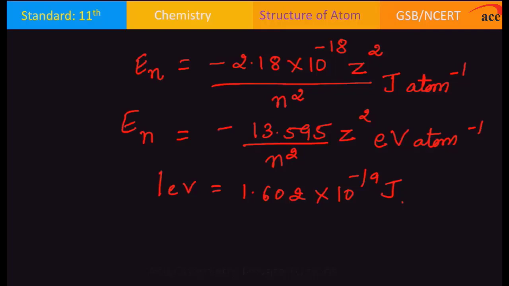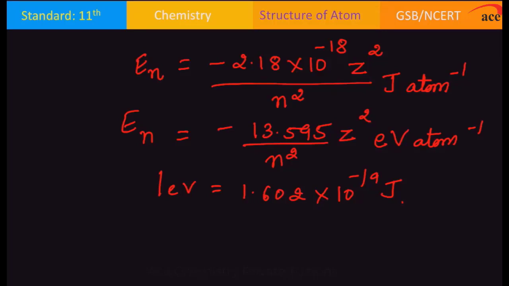So here if you talk about energy, the first thing, give importance to the negative sign. Here the energy is negative, which means the electron is quite stable. Whenever a system has zero energy or a positive energy, the one which has zero energy is stable.